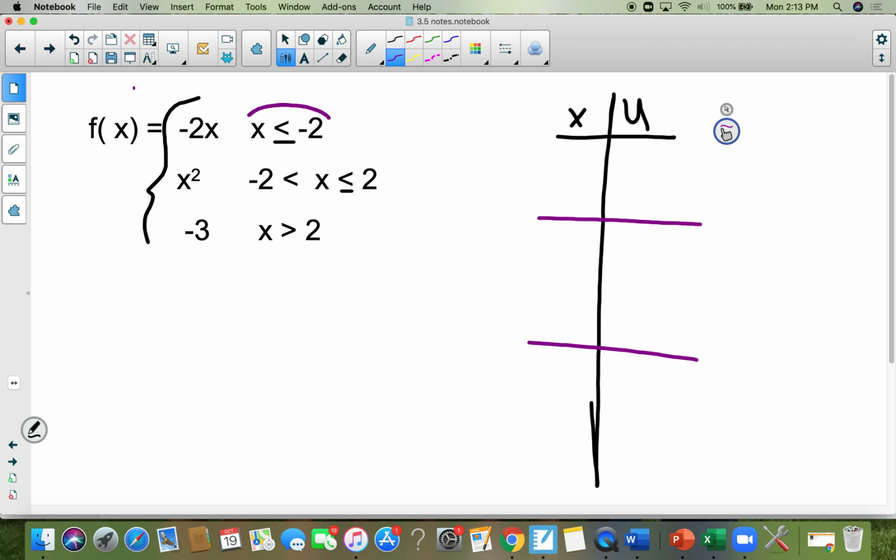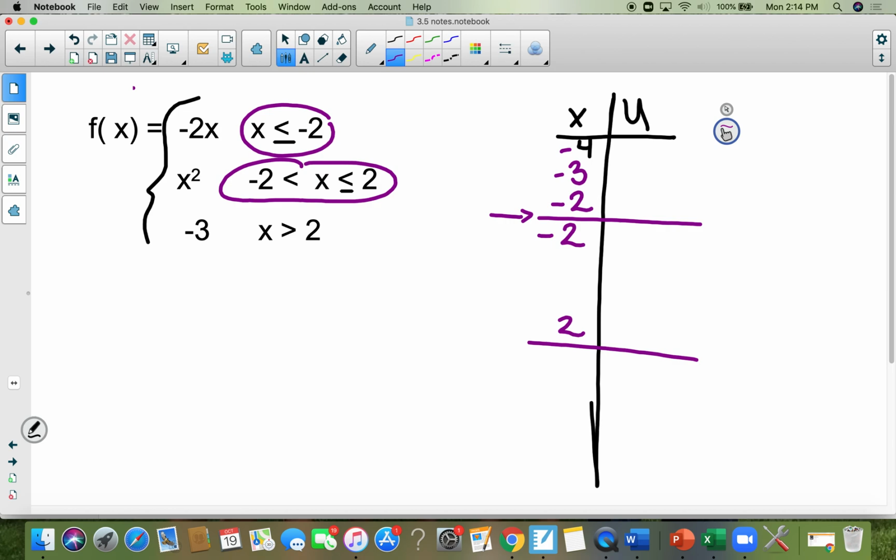This lets you know where to start. This line right here tells you that the number on top of it needs to be -2. And we have to go in numerical order, so these numbers need to be less than -2. In the middle, I need to go from -2 to +2, and I only need another number in between.